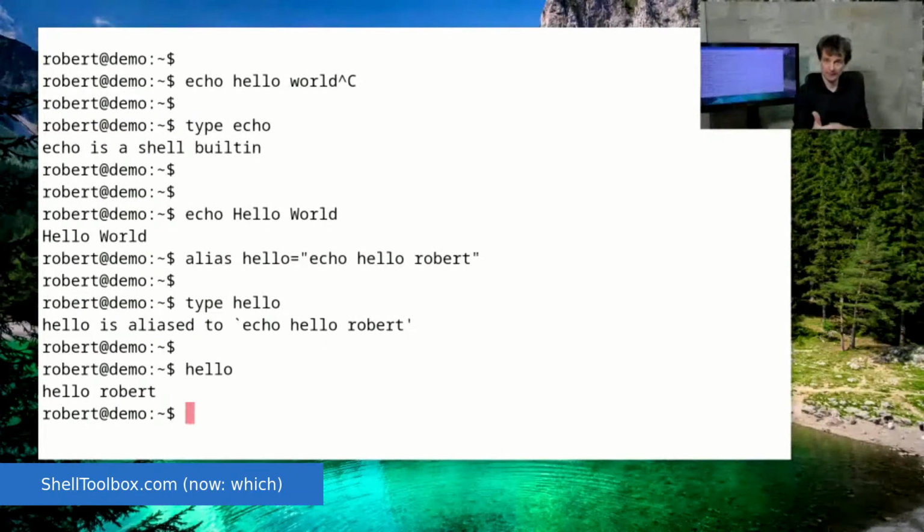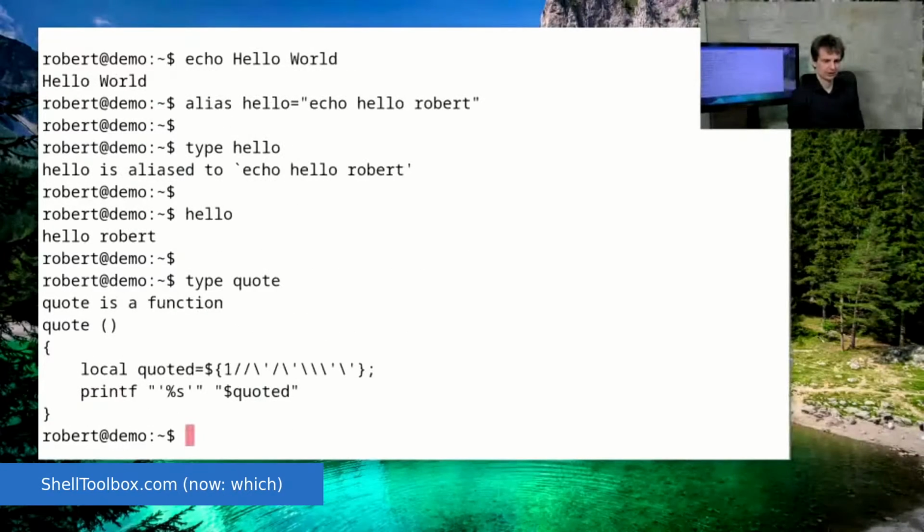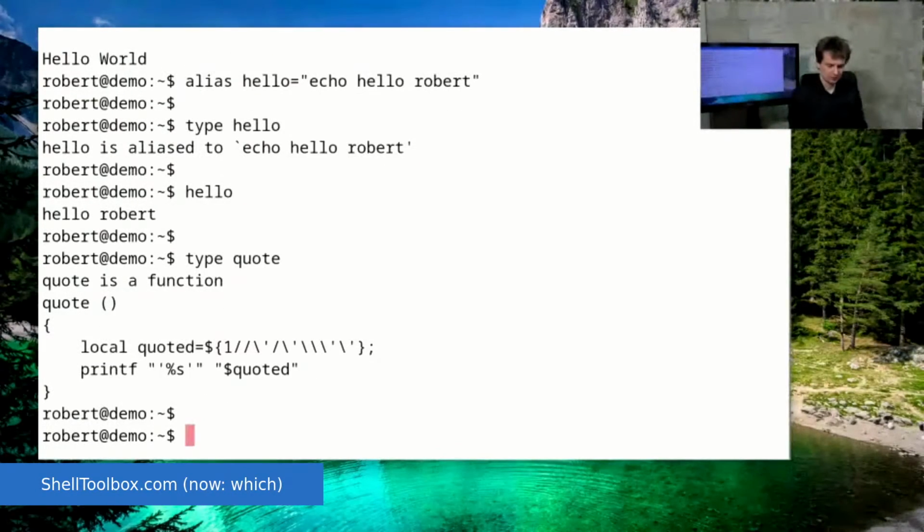Great. Okay, so if a command is not a shell built-in, and if a command is not an alias, then perhaps the command is a function. Let's have a look. Do we have a function here? I think so. The function quote, for instance, type quote. Yes, this is a function. And a function can be used just like a normal command.